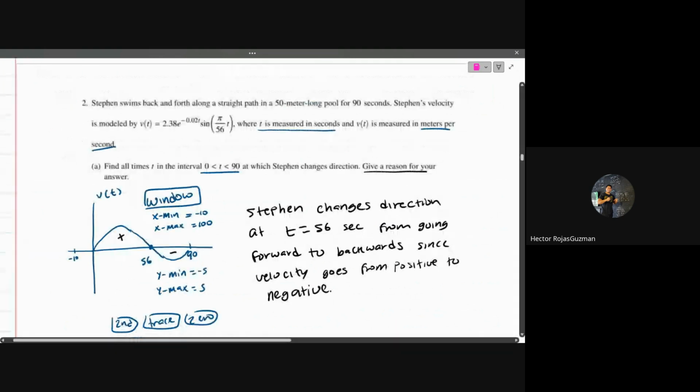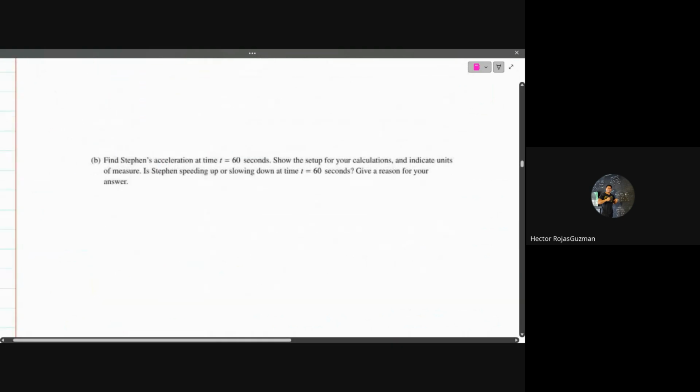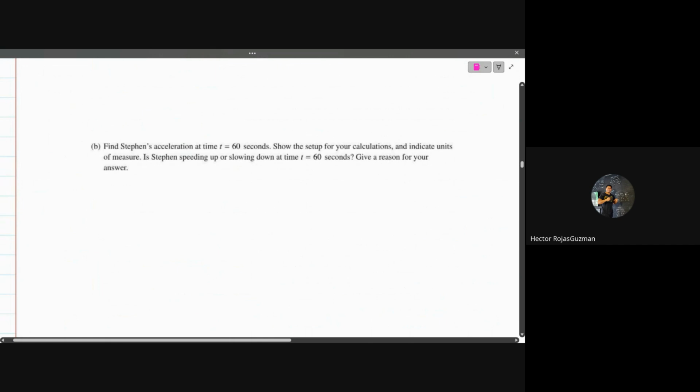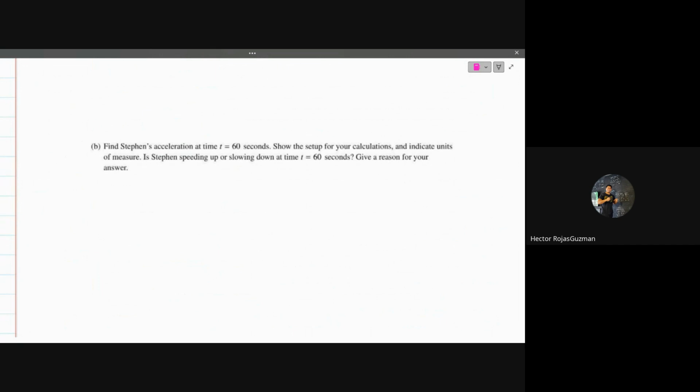Okay. On to part B. Find Steven's acceleration at time 60 seconds. Show the setup of your calculations and indicate units of measure. Is Steven speeding up or slowing down at 60 seconds? Give a reason for your answer. Okay. Well, we know we were given velocity.